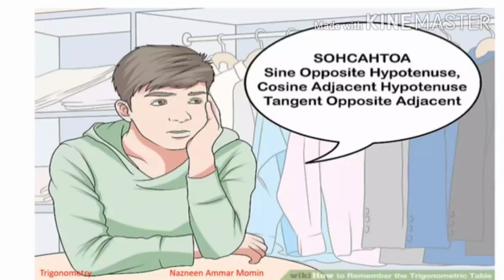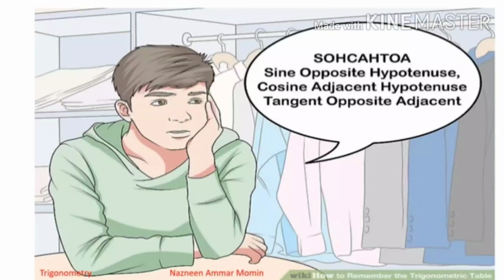And the next one, tangent, that is tan, is opposite upon adjacent. If you are well thorough with these 3 terms, sine, cos and tan, it is very convenient to get the rest 3, that is cosec, sec and cot.